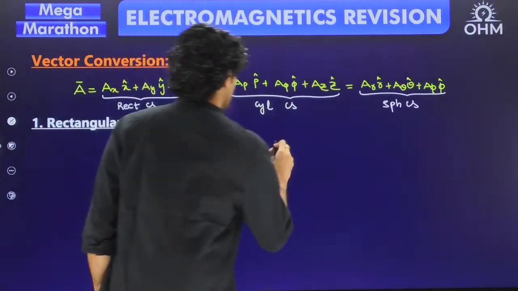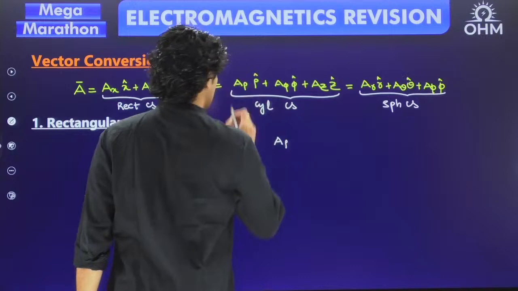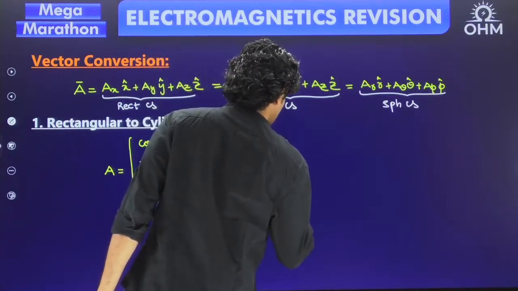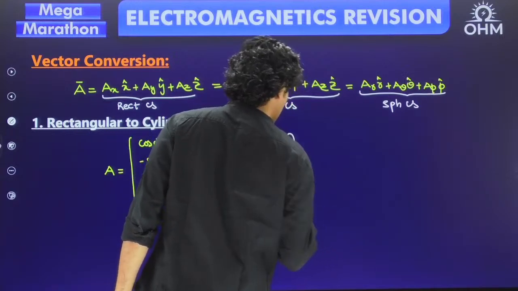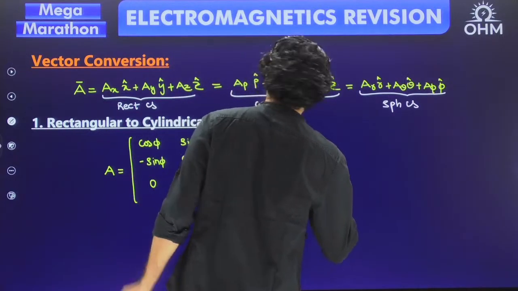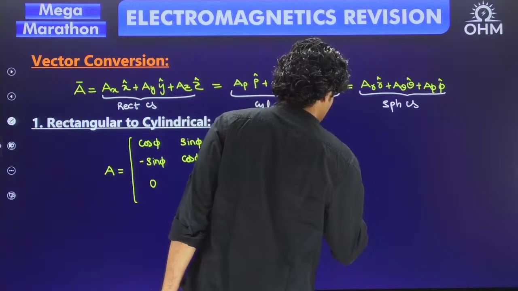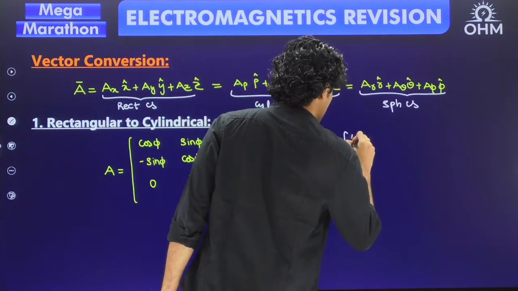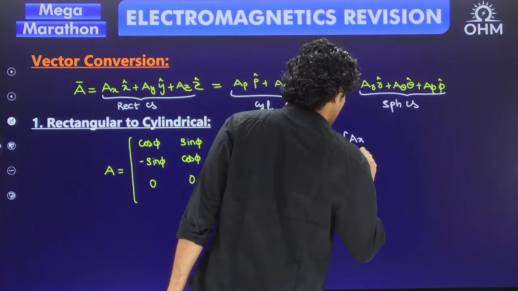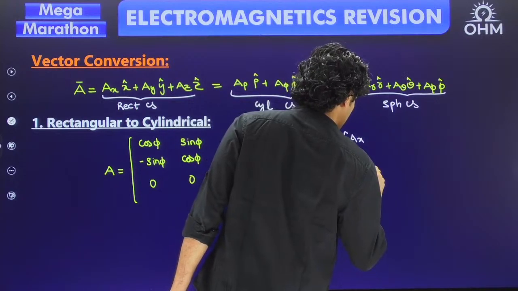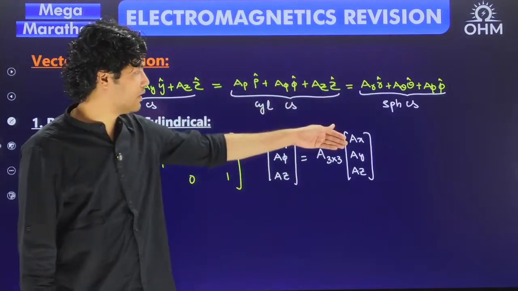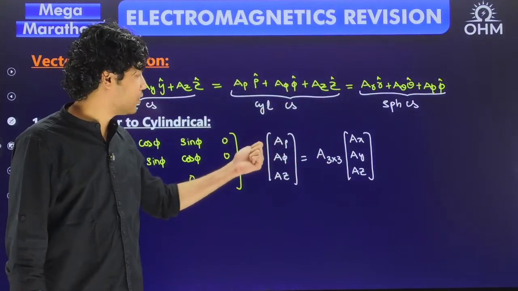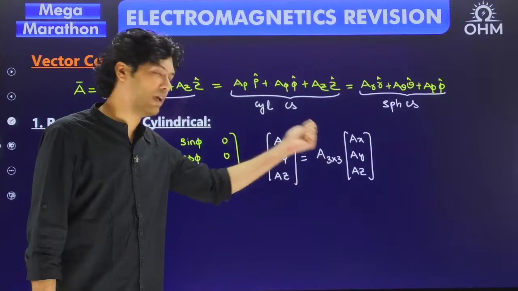So the components a rho, a phi and az: how do you write this in terms of ax, ay and az? That is nothing but the 3×3 matrix you have taken here, multiplied with the components ax, ay as well as az. Now if you want the reverse, that is ax, ay, az in terms of a rho, a phi, az, you are supposed to take A inverse.